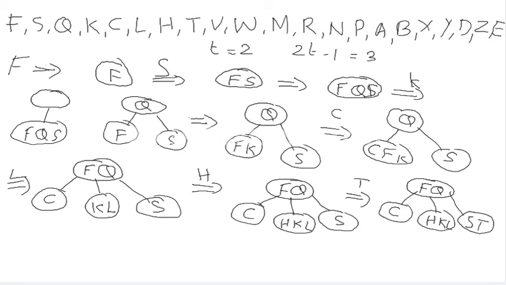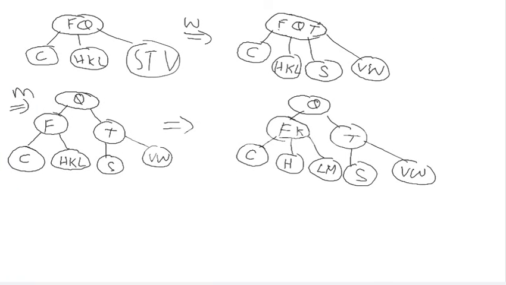Q has F and K. Now to the right of it we have T, and we have C, H and L, M, and to the left of this we have R, S, and to the right of this we have V, W. Okay, R is inserted.